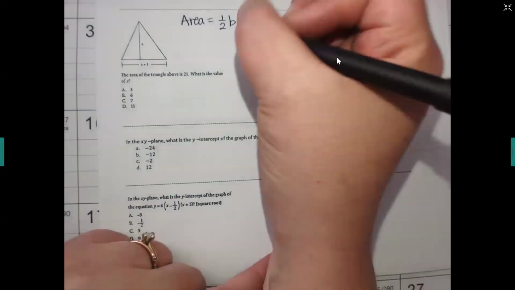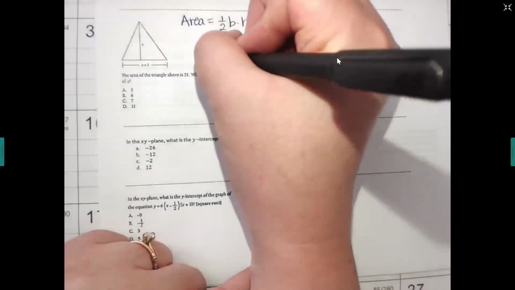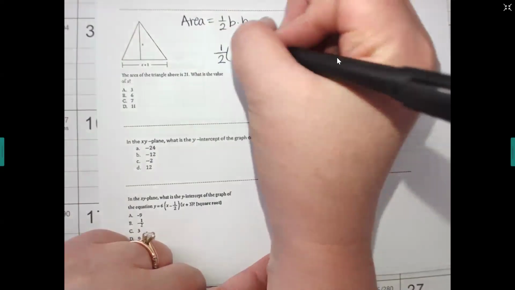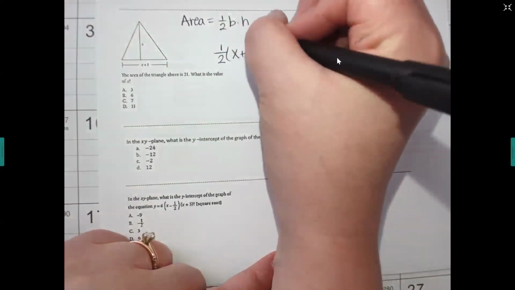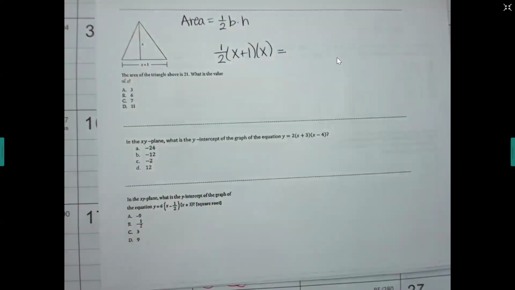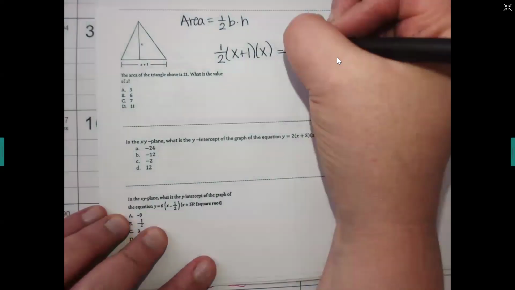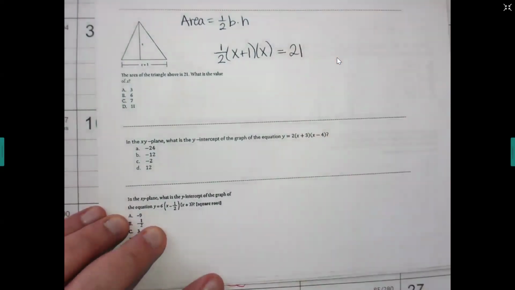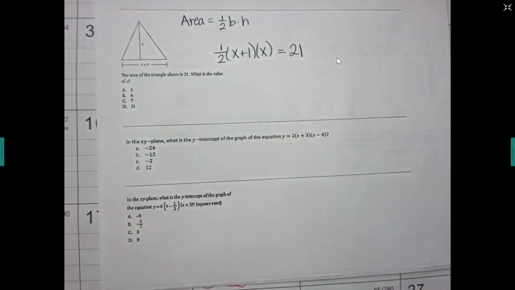So my area formula would be 1/2 x plus 1 times x. And what does it tell me the area is supposed to equal? It says the area of the triangle above is supposed to come out to be 21.